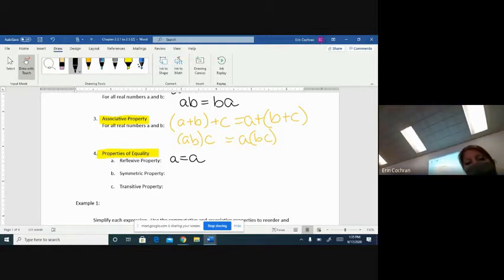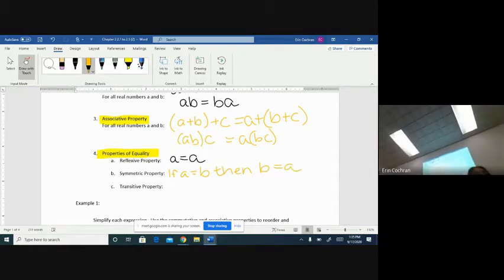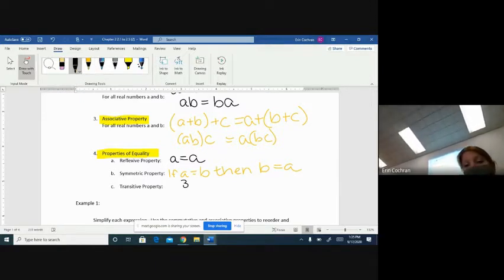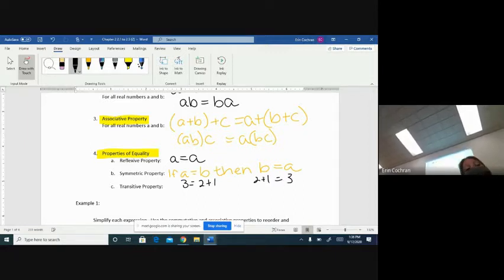The symmetric property says if A equals B, then B will equal A, right? If 3 equals 2 plus 1, then 2 plus 1 is going to equal 3, right? That should make sense to you guys, right? So the symmetric is saying that they're symmetric on both sides, okay?